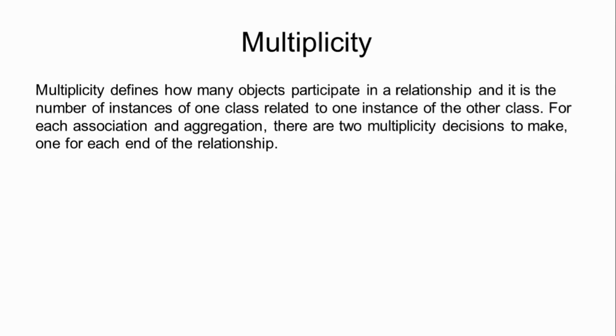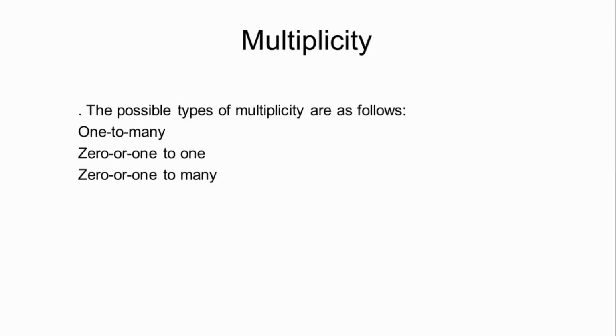For each association and aggregation, there are two multiplicity decisions to make, one for each end of the relationship. The possible types of multiplicity are as follows: one to many, 0 or 1 to 1, 0 or 1 to many.